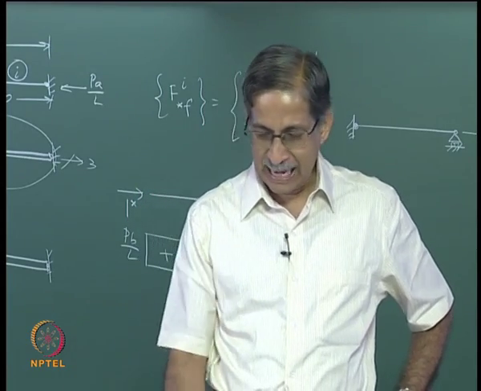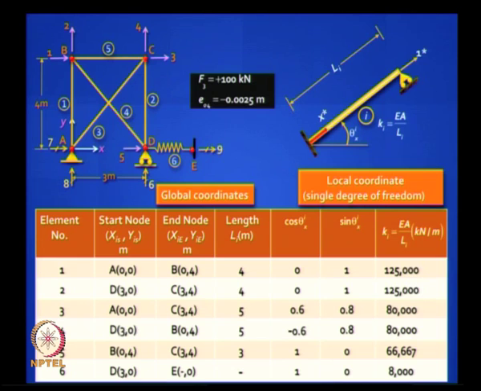Well, maybe it will help us if we make a small table, right. This is especially useful when you have large trusses, but in this problem you could have directly done it. So this is a conventional style. Identify the element number, the start node, give it some coordinates, the end node, the length of the element, and cos theta can be easily written as, you know that, x end node minus x start node divided by length of the element.